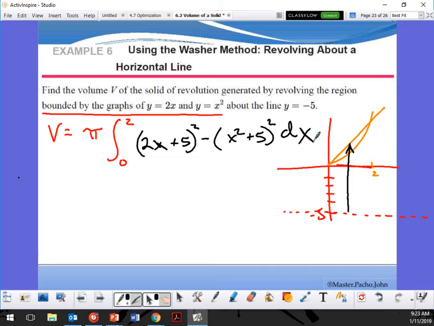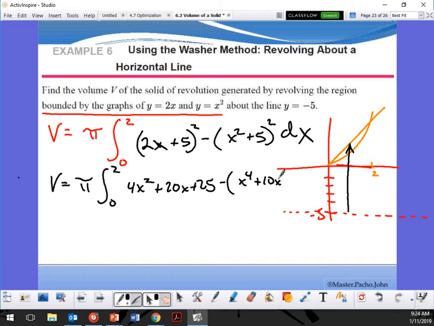Okay, so let's go ahead and do our math for this. So I'm going to have V equals pi from 0 to 2 of 4x squared plus 20x plus 25 minus the quantity x to the 4th plus 10x squared plus 25 dx.